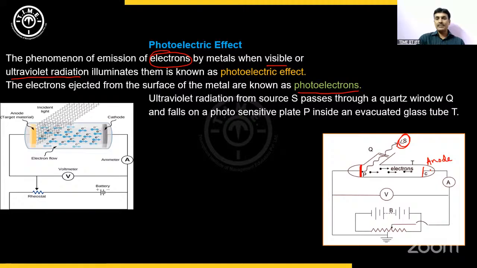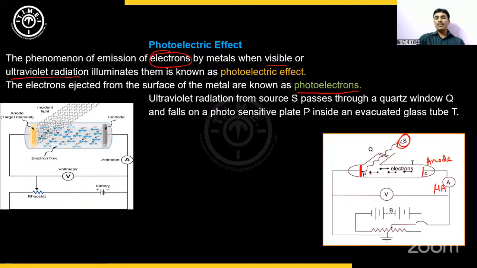As these electrons pass through this circuit, they constitute a current, but the current magnitude is very small, so to measure that current, here is a microammeter. The current is in the order of 10 power minus 6 ampere. That's what a microampere is.